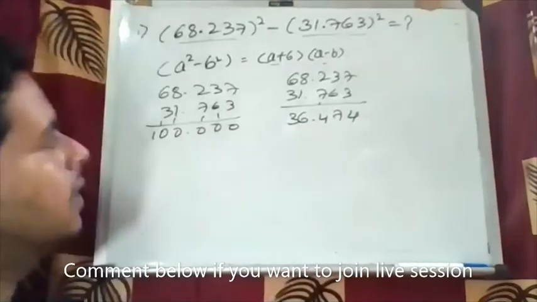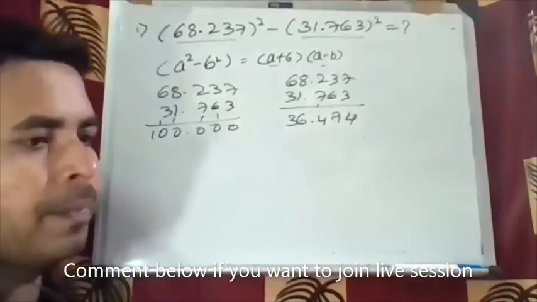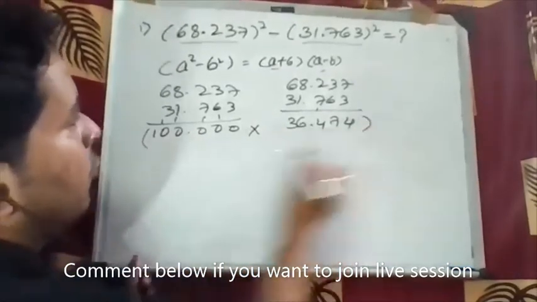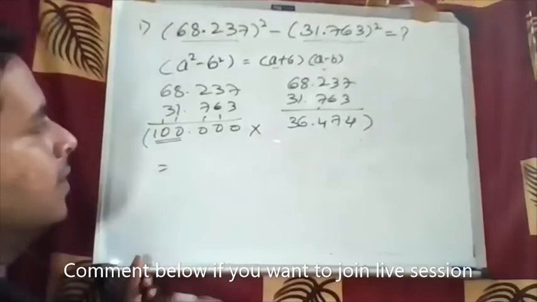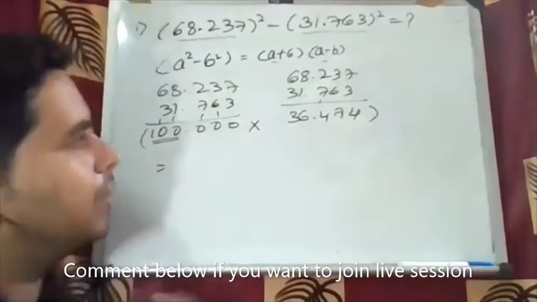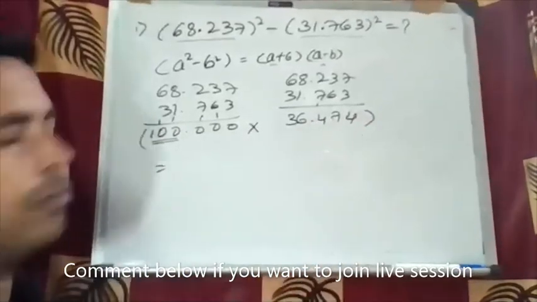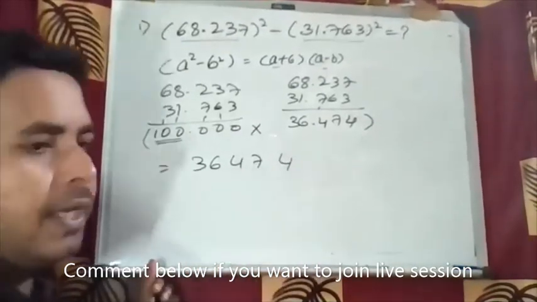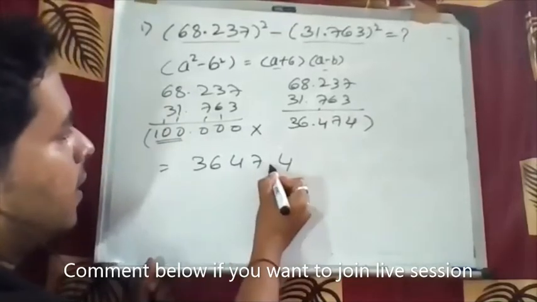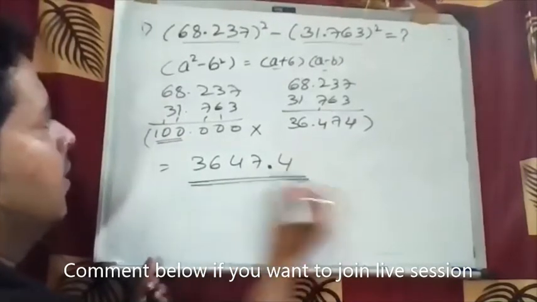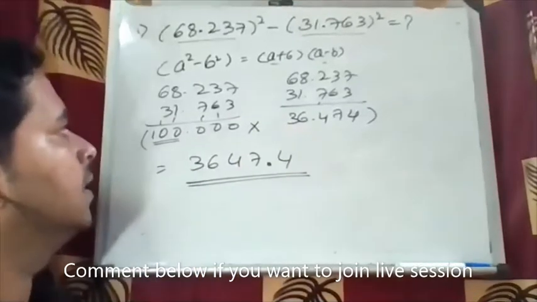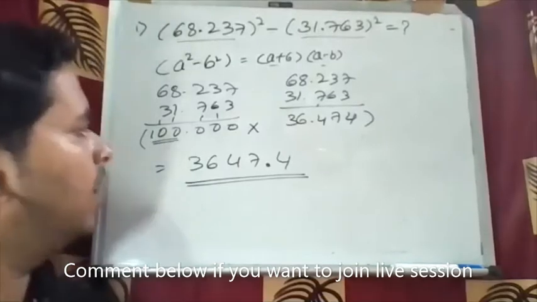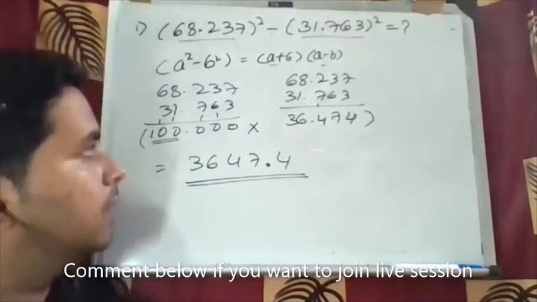Now you have to multiply these two. This is already 100, and this is 36.474. Just shift the decimal point by two places, so you'll get 3647.4 as the answer. So this is one question.